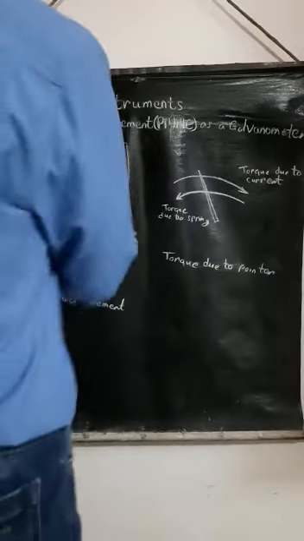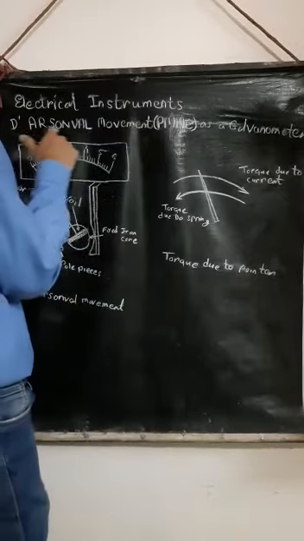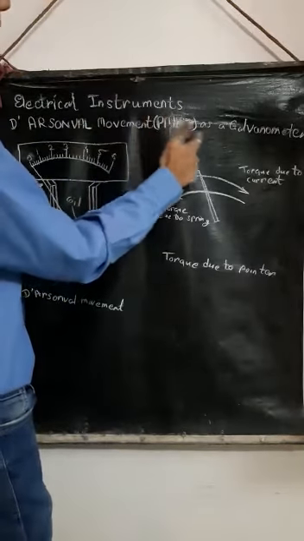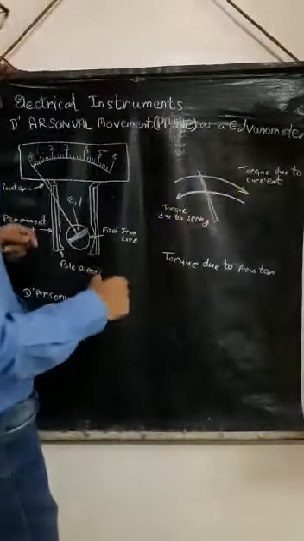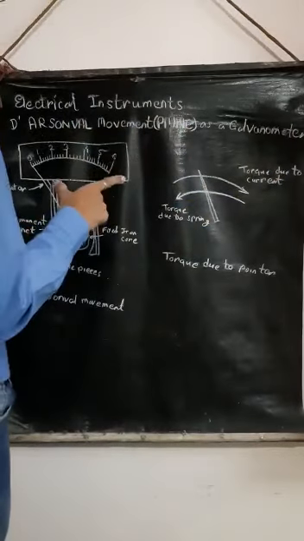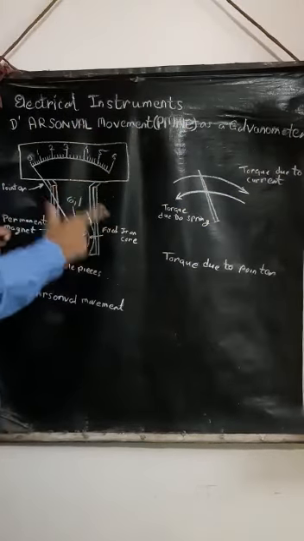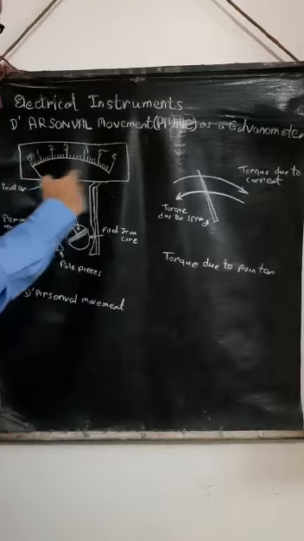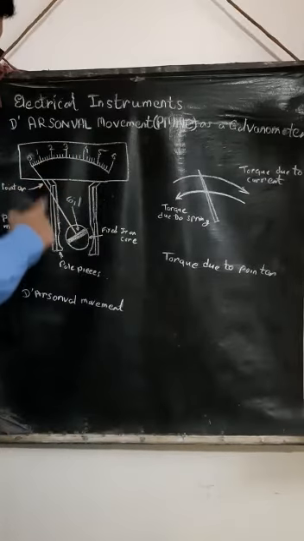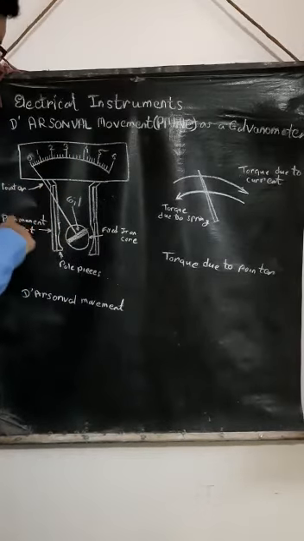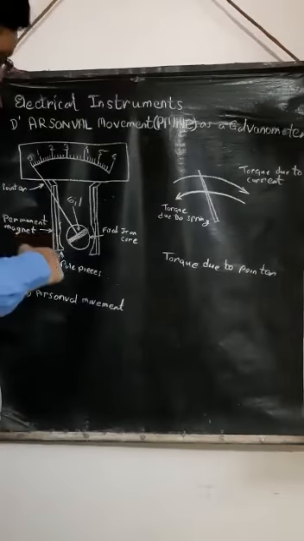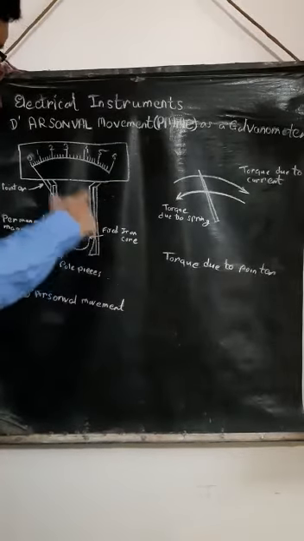This is the d'Arsonval movement, PMMC, a galvanometer. In this movement we can see the scale is there. There is a magnet.